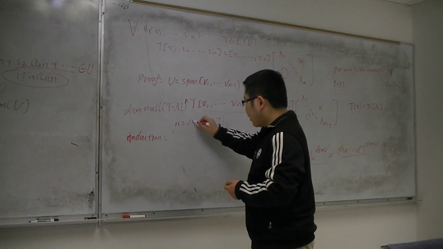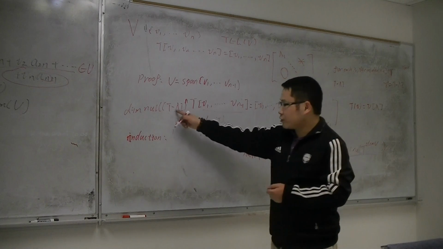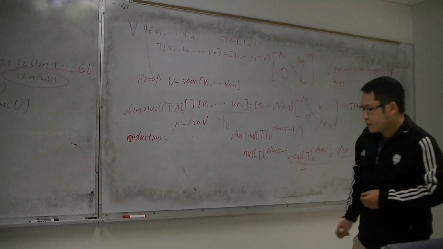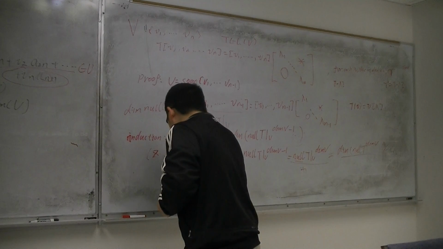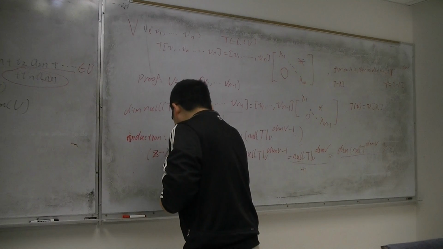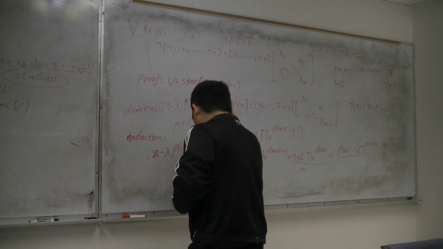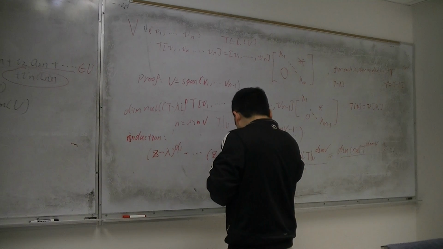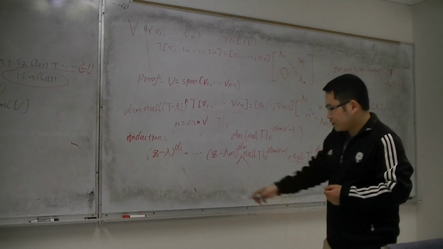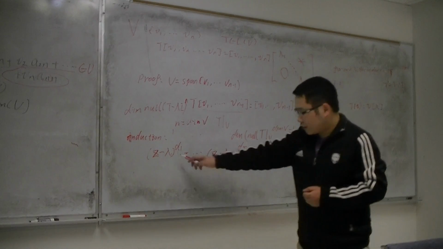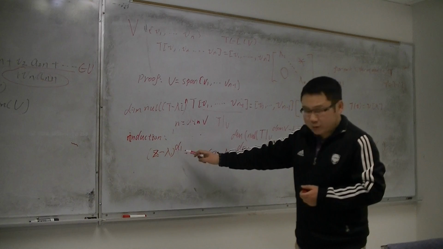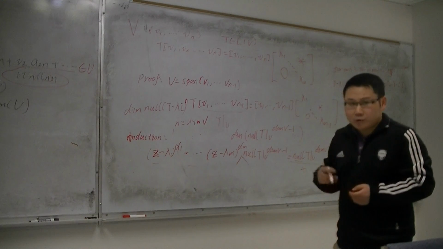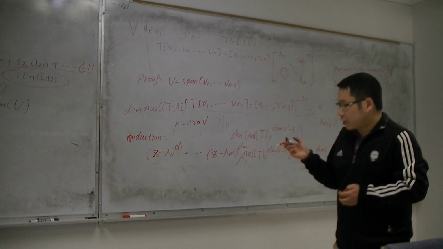N is equal to the dimension of V. The multiplicity of each eigenvector is equal to this one. And this multiplicity, we define the characteristic polynomial. We have a multiplicity for each eigenvalue, and I define this polynomial as the characteristic polynomial of this operator on this space.